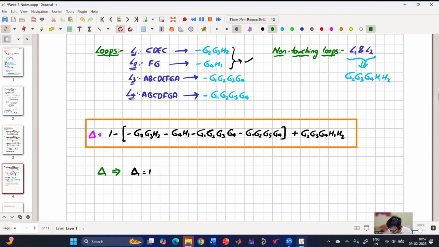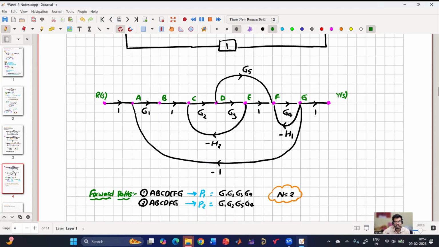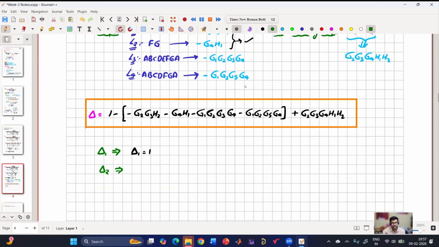Let us check delta 2. Are there any loops that are not touching this forward path P2, which is A, B, C, D, F, G? No, sir. So what will be delta 2? It's also 1. So delta 2 as well as delta 1 both are 1.